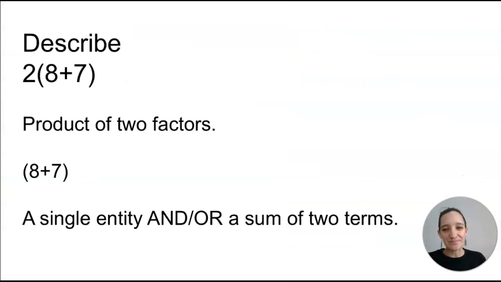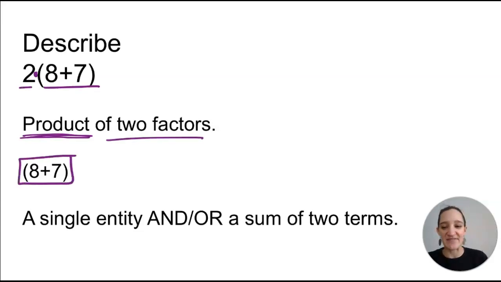This last example, how could you describe 2 times the sum of 8 and 7? Well, you could say it's a product, right? Because it is being timesed. And you could say it's a product of 2 factors because there are 2 things being timesed together. If we just wanted to look at the 8 plus 7, because it's in parentheses, we could call it a single entity. That's one thing.